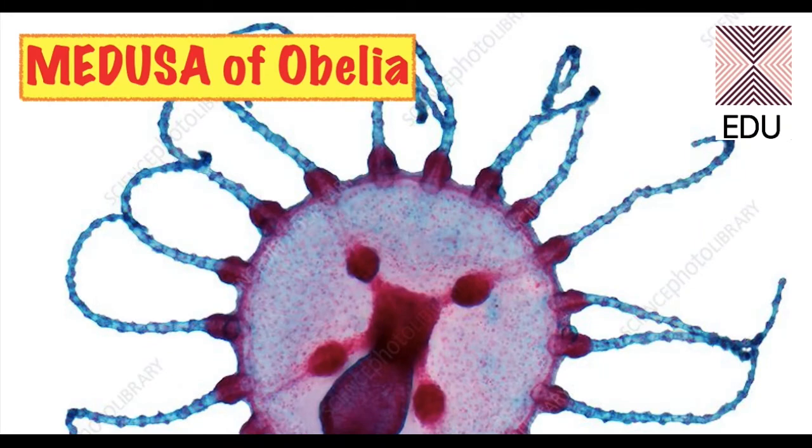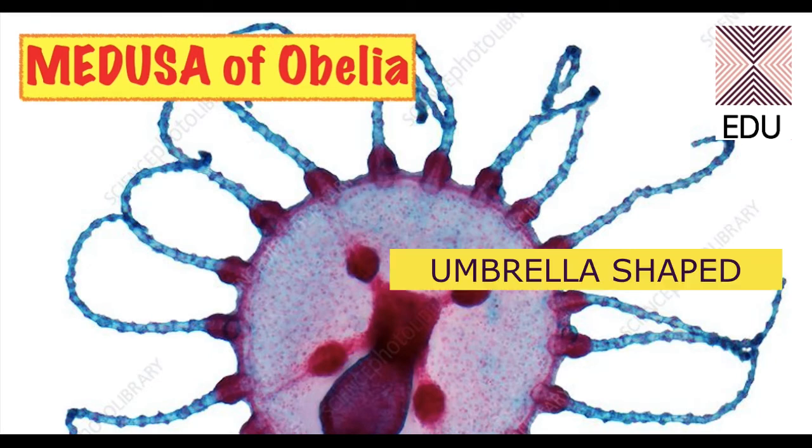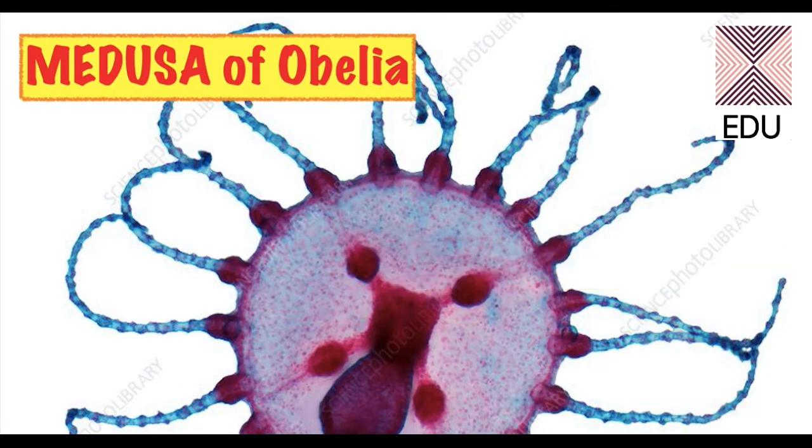If we talk about the medusa of Obelia, the fully grown medusa of Obelia is like a radially symmetrical umbrella. It is near 1 or 2 millimeters in diameter, and the outer convex surface of the umbrella is called the exumbrellar surface, and the lower surface is called the subumbrellar surface.